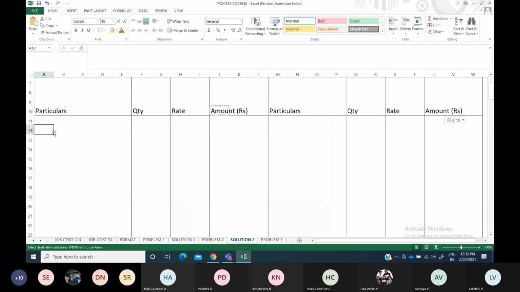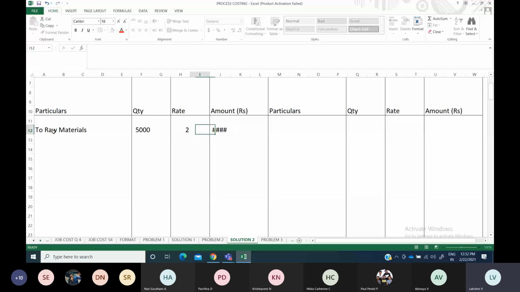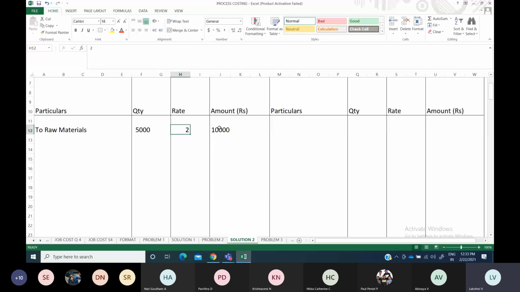To raw materials, 5,000 units into 2 rupees per unit. So I'm getting 10,000. You just check whether you are also getting 10,000. Okay.